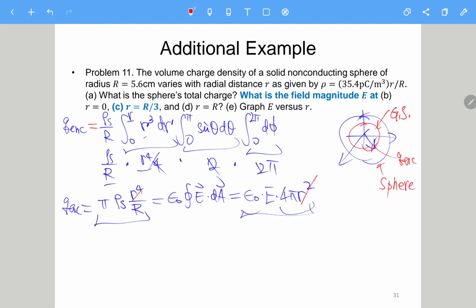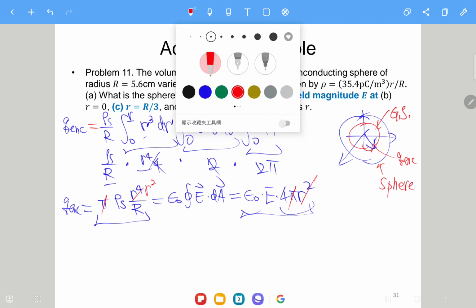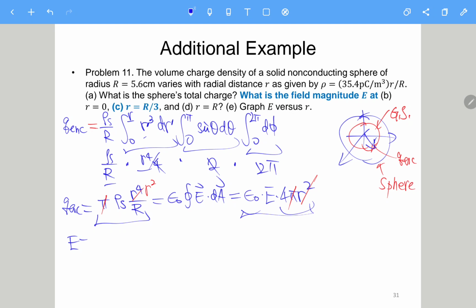This r squared and r to the 4th power cancel down to r squared. This pi and this pi can be cancelled. So finally we have E equals, let me see, 4 epsilon naught capital R in the denominator, and rho s and r squared in the numerator.